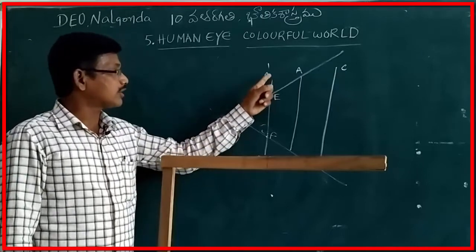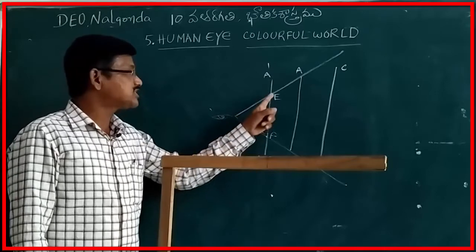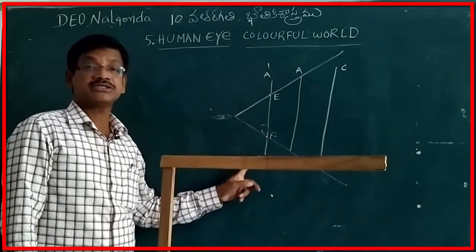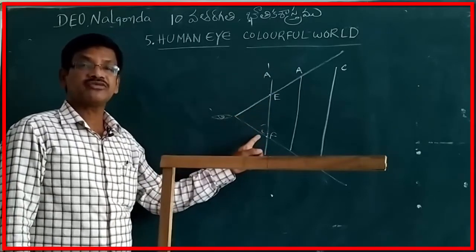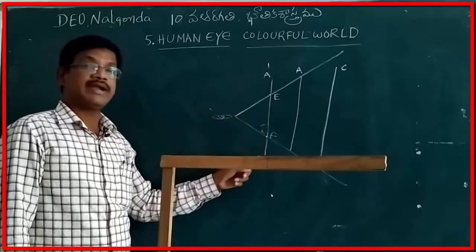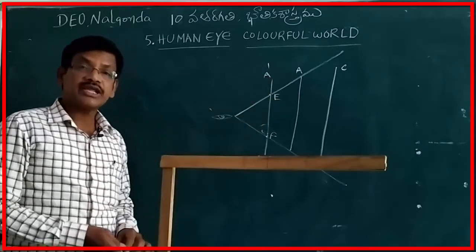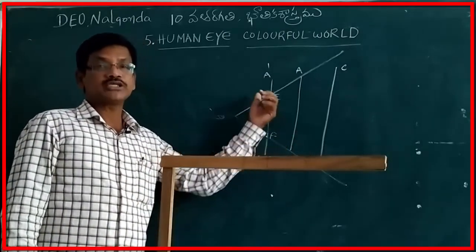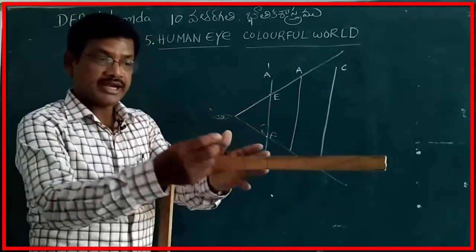Now, coming to the rod A dash B dash, you can see endpoints E and F only, but not A dash B dash of the rod A dash B dash.